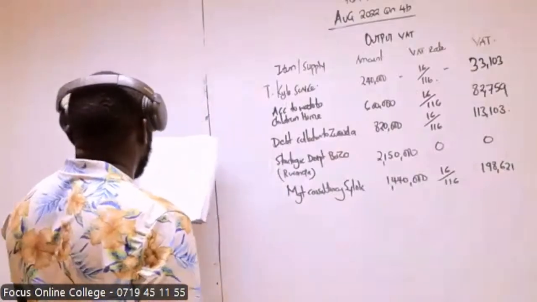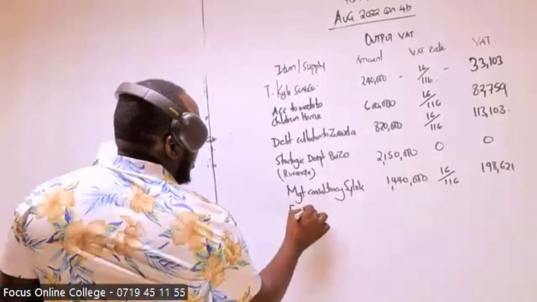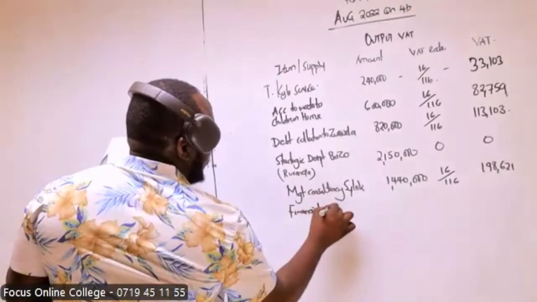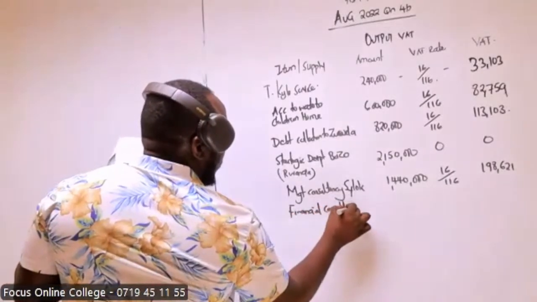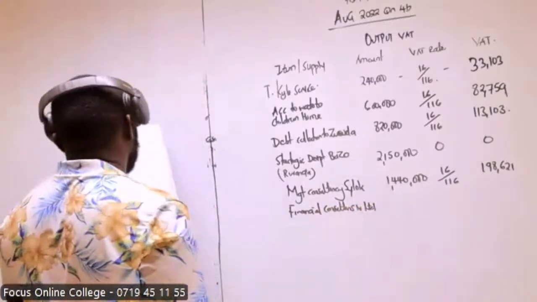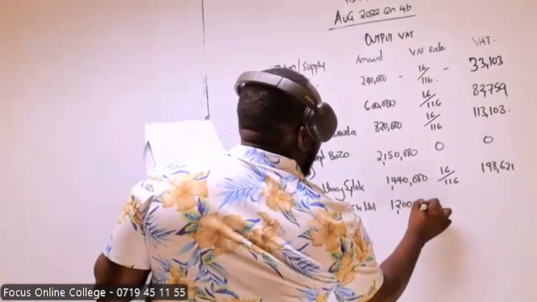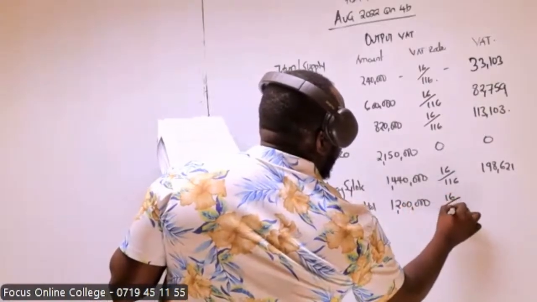We have financial consultancy to W Limited. So the financial consultancy to W, that is 1.2. So 16 over 116. What are we getting?